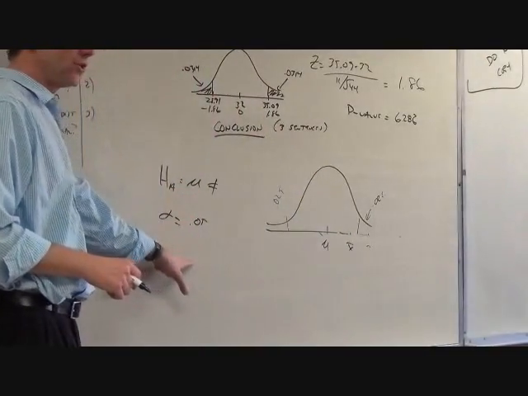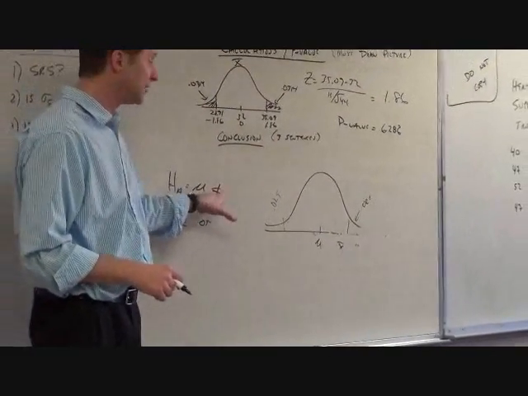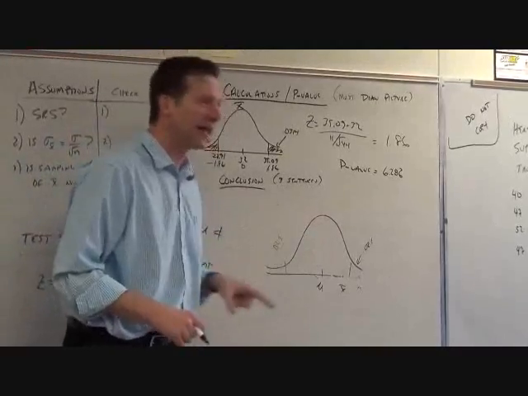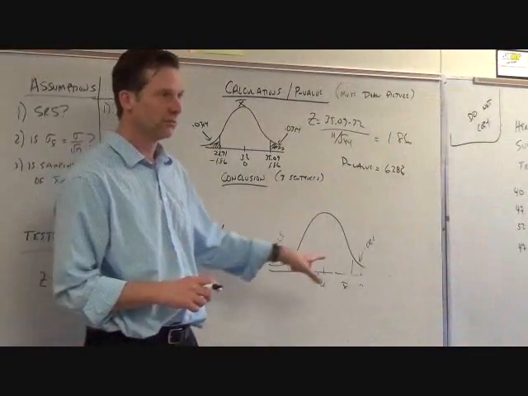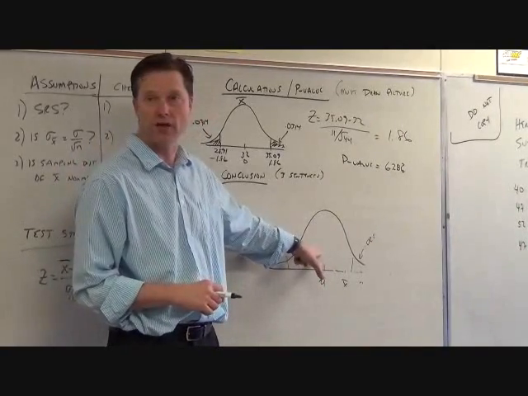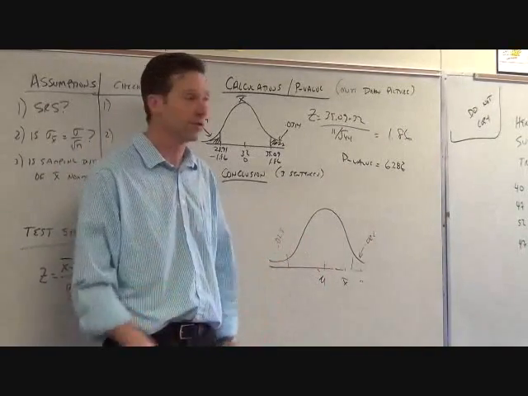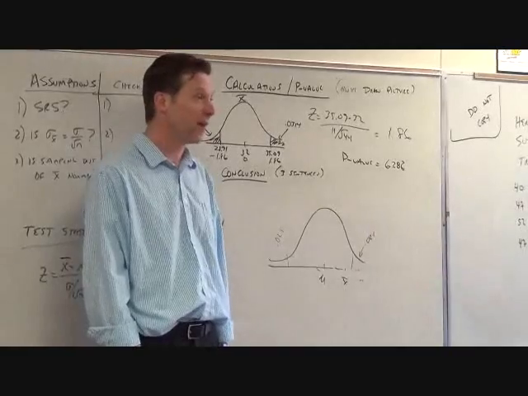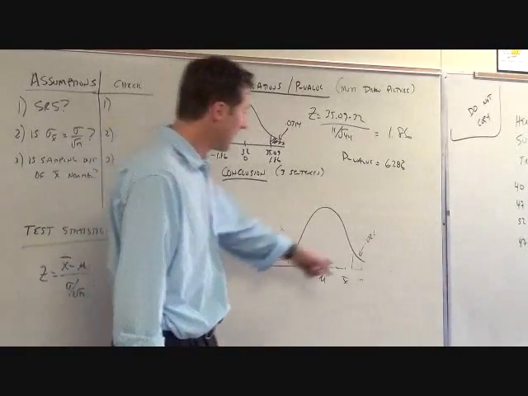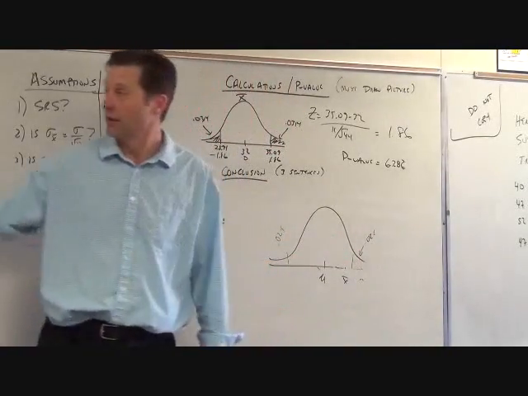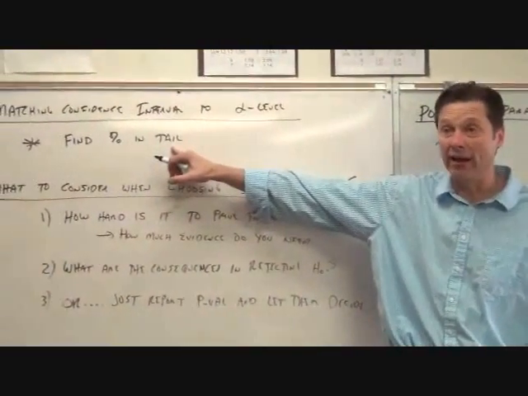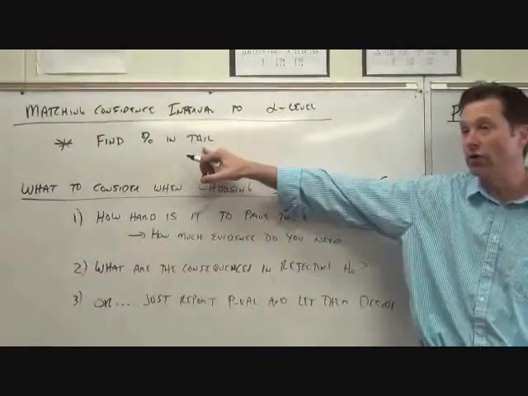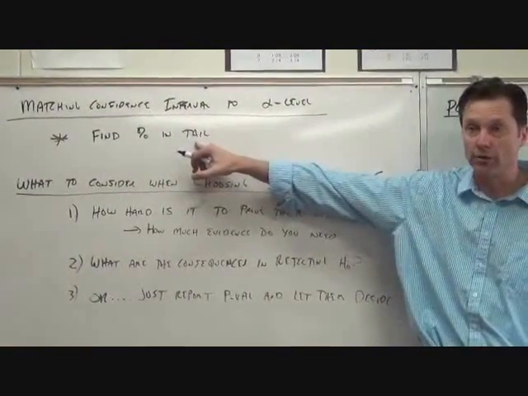Based on this situation, when I've got a 5% alpha and it's two-sided, what kind of a confidence interval would I need to do? This picture corresponds to what percent confidence interval? The 95% confidence interval, right? A 95% confidence interval is going to have the 2.5% in the tails. And that's my trick for you. Go look at what's in the tails and then tell me which confidence interval that corresponds to.